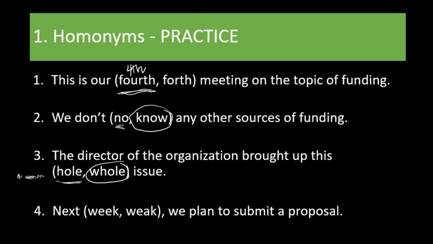The fourth sentence reads, next week, we plan to submit a proposal. And so we have two different ways to spell week in the parentheses. We have one in the front that has two E's, and then we have W-E-A-K. The first week is talking about the 7 days that we all know of, right? Sunday through Saturday. This is how a calendar week is spelled.